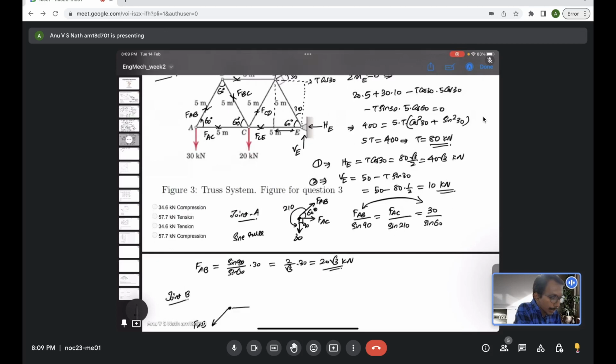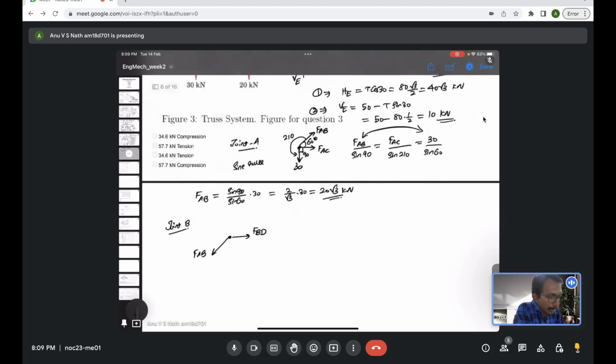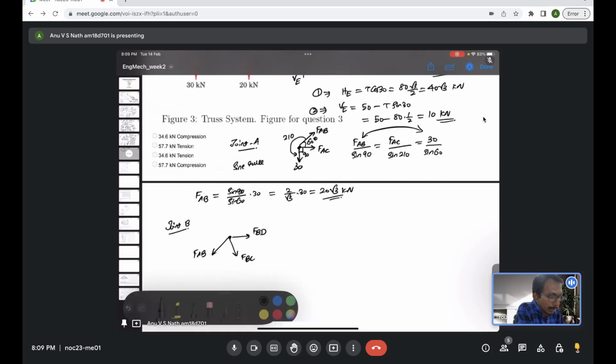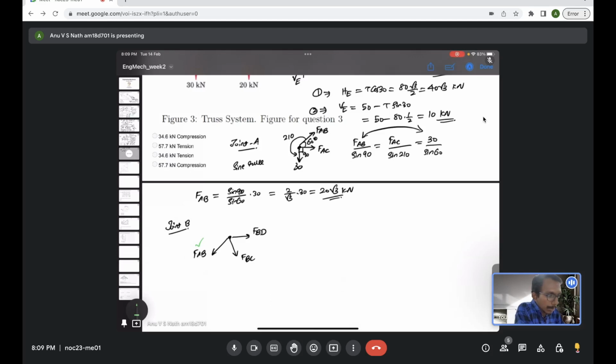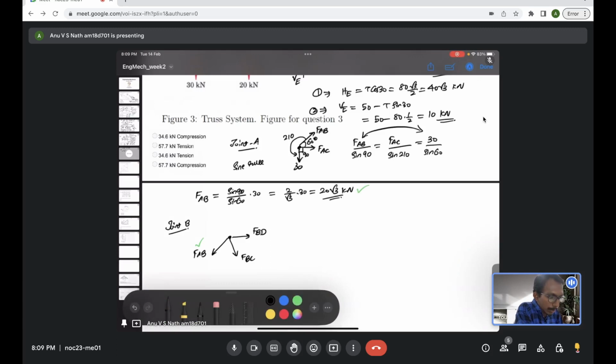Now FBD is acting this way, and FBC is acting in this way. We know what FAB is. FBD and FBC are unknowns, which we need to evaluate.